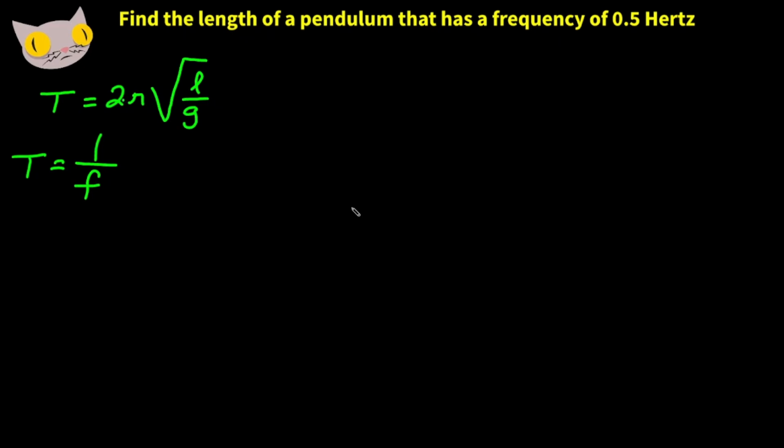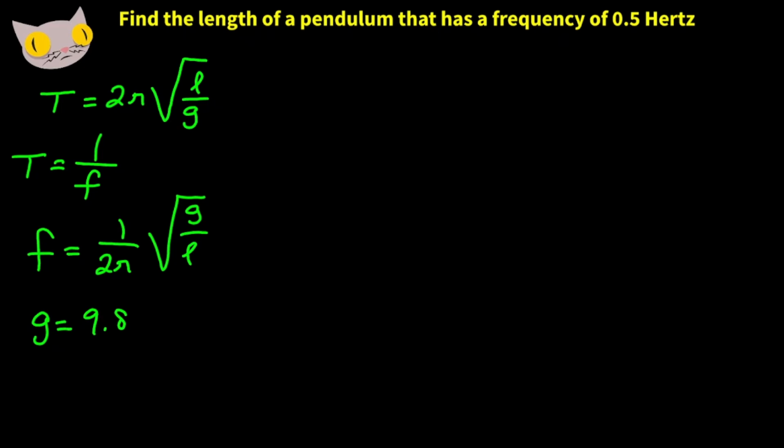So the inverse of this equation is going to be frequency is equal to 1 over 2 pi times the square root of acceleration due to gravity over length. And we know g is just 9.81 meters per second squared.